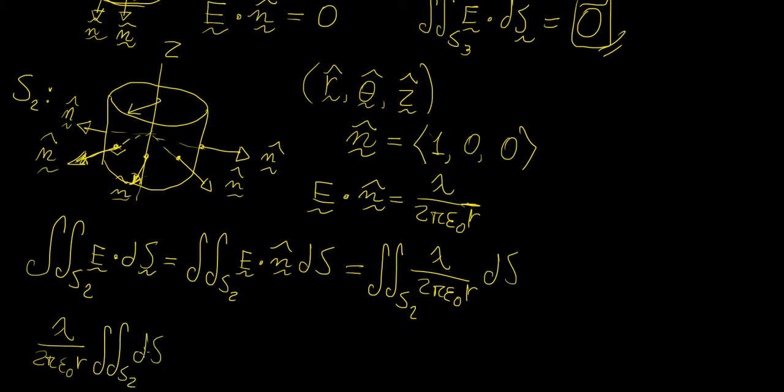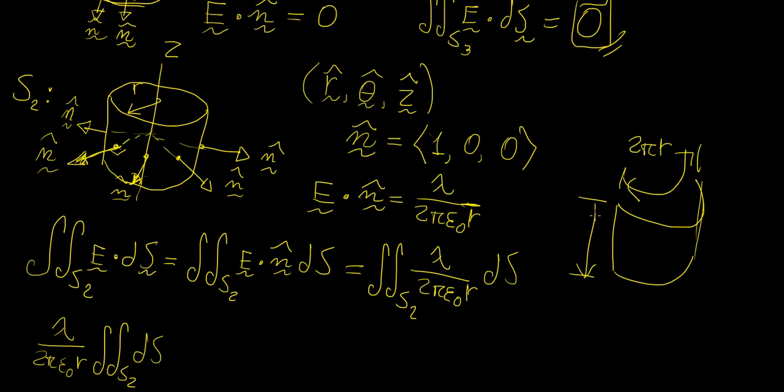But now we notice, well, hang on a minute, this is just going to be the surface area of this whole cylinder. If we open this cylinder and extend it like that, we know what the circumference is going to be. The radius is constant r, so we have 2 pi r, that's the circumference, and then the total height was given as h, so the surface area is just h times that.